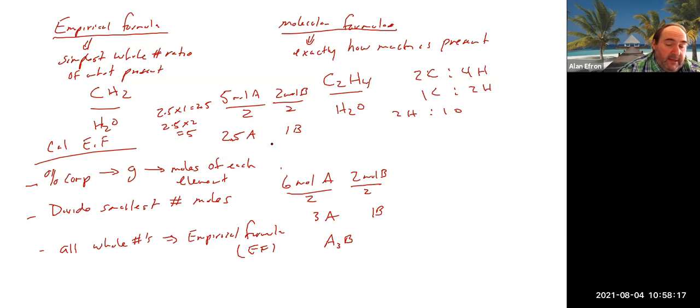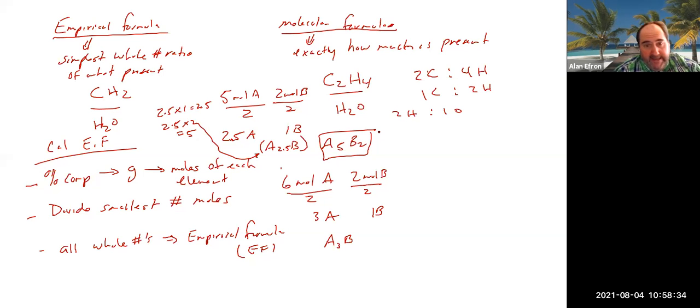So if we multiply by 2 here, this factor, that would give me the proper empirical formula of A5B2.